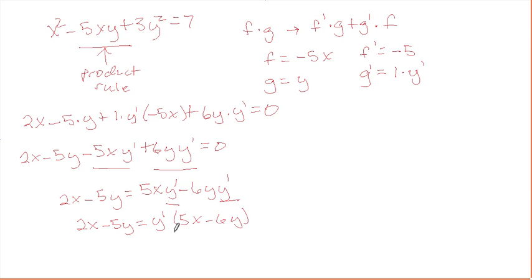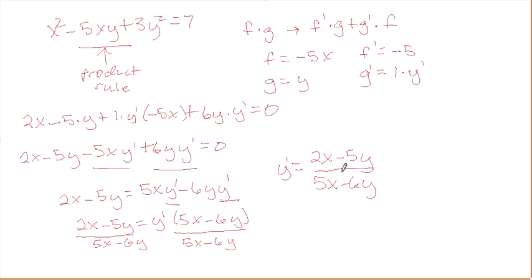So if we divide both sides by 5x minus 6y, then we get our answer, which is y prime equals 2x minus 5y over 5x minus 6y. And this will be your answer.